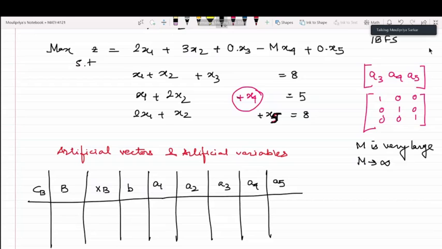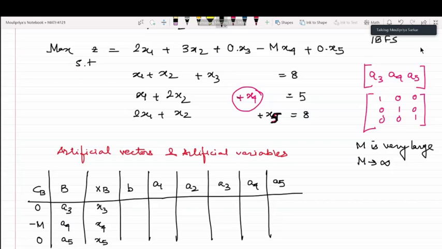Capital B would be A3, A4, A5. XB happens to be X3, X4, X5, and CB happens to be 0, minus M, 0.